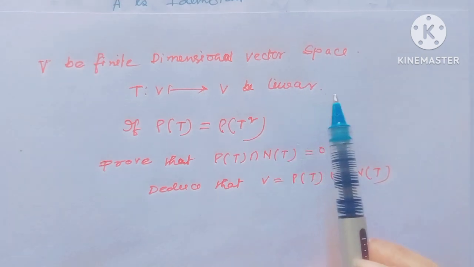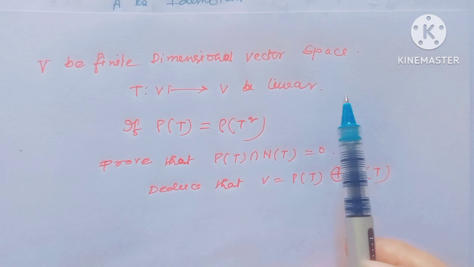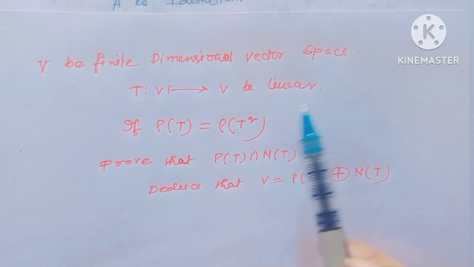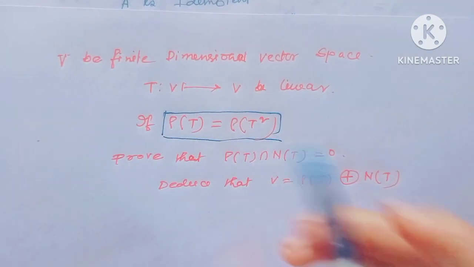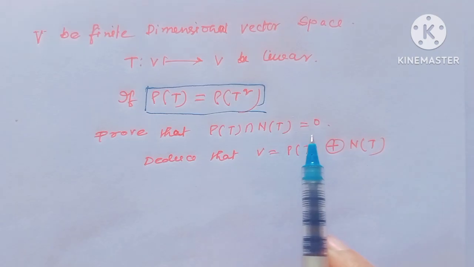Next, let V be a finite dimensional vector space and T a linear mapping from vector space to vector space. If rank T equals rank T square, then prove that the range of T intersection null space of T equals 0.